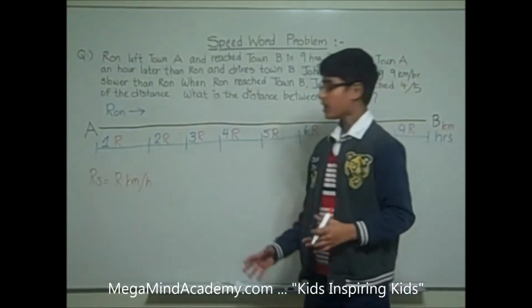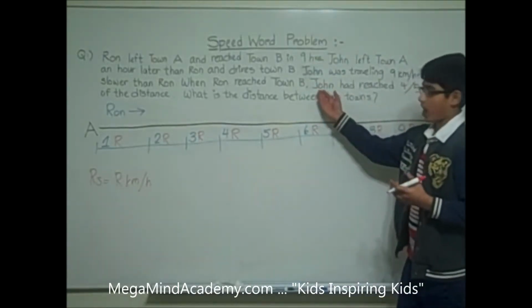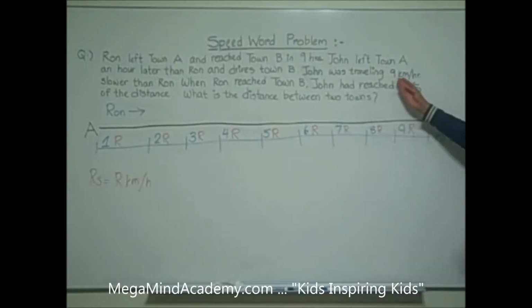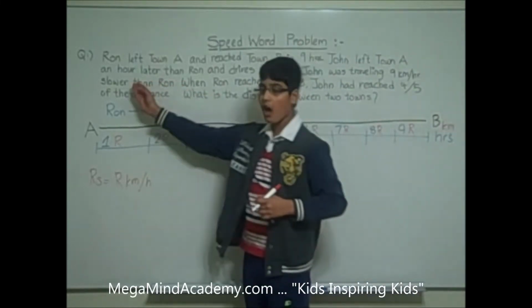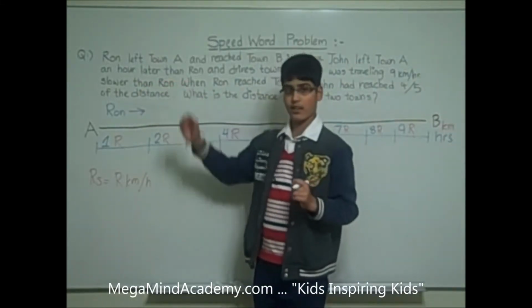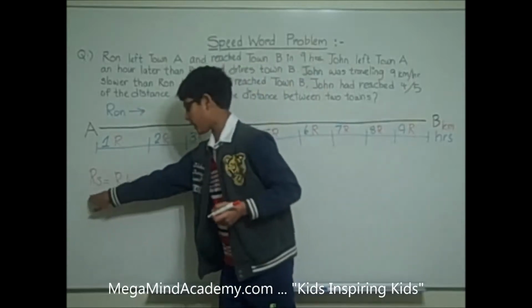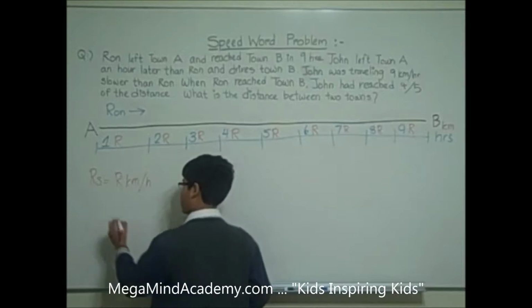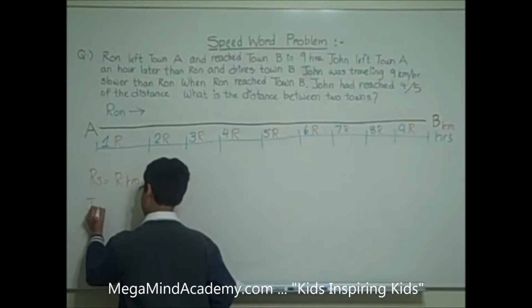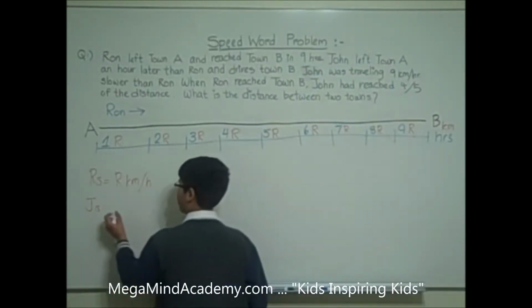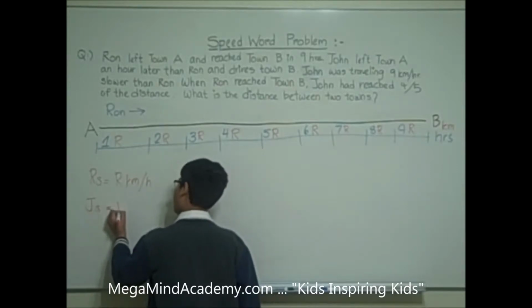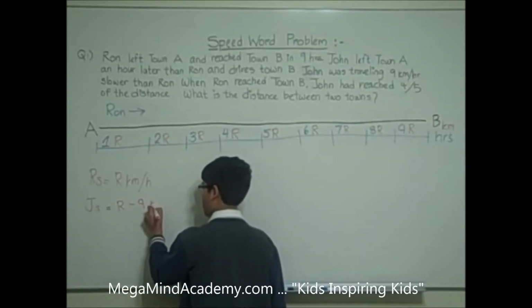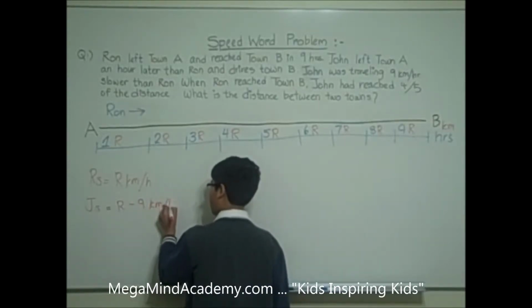Now let's move on to the case of John. John was traveling 9 kilometers per hour slower than Ron. Ron's speed is equal to R kilometers per hour. So this means that John's speed, JS, J for John, S for speed, is equal to R minus 9 kilometers per hour.